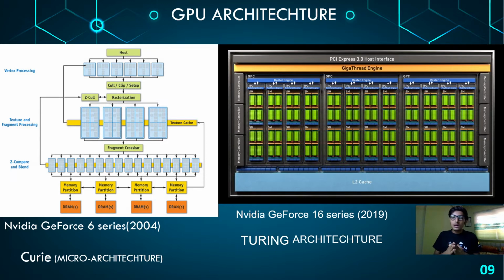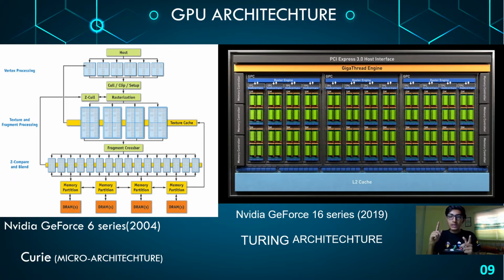And in Flynn's taxonomy, there are also others like single instruction single data, and multiple instruction single data. But we are using parallel computing, and in that there is single instruction, multiple data streams. We are using multiple instructions simultaneously. So SIMD gives better processing speeds and better outputs.